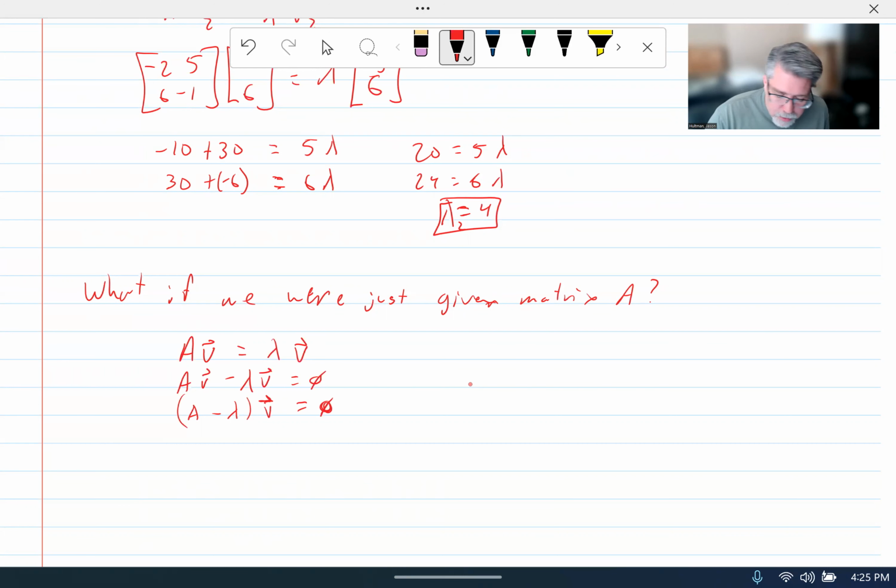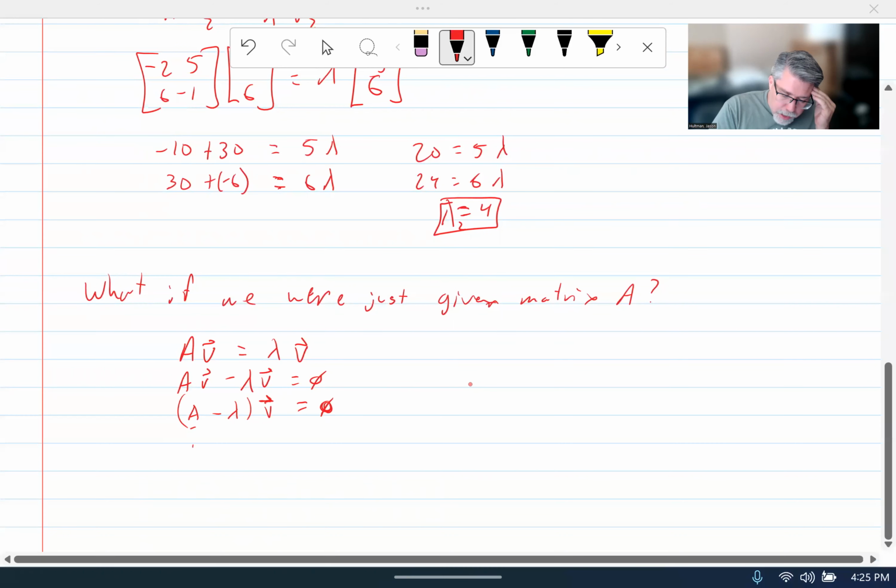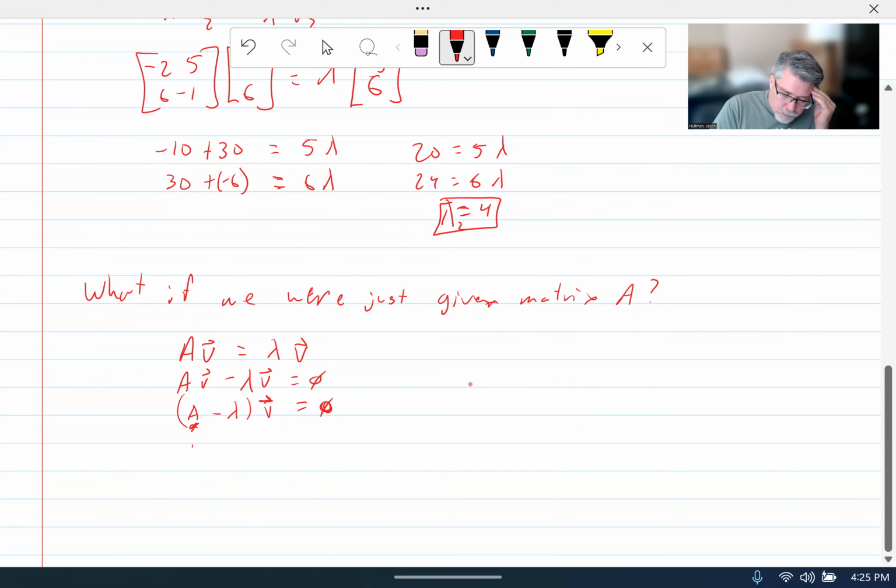Now, I have a problem in that A is a matrix and lambda is a scalar. So I can't combine a matrix and a scalar by subtracting. So what I'm going to do is something kind of sneaky.